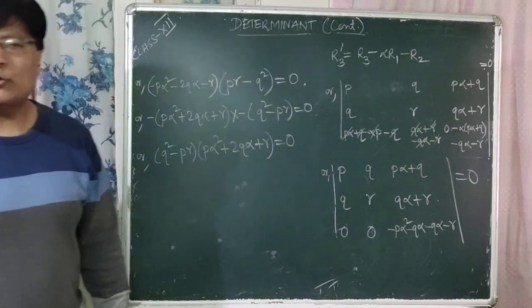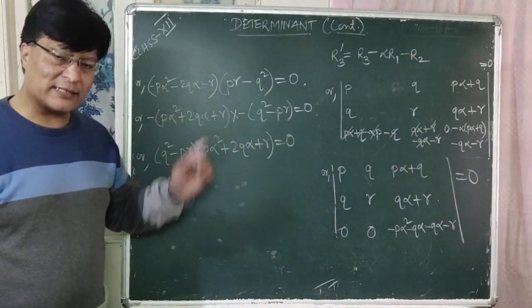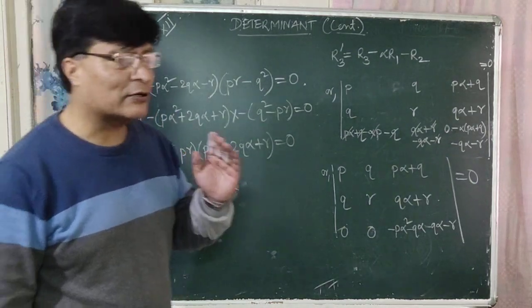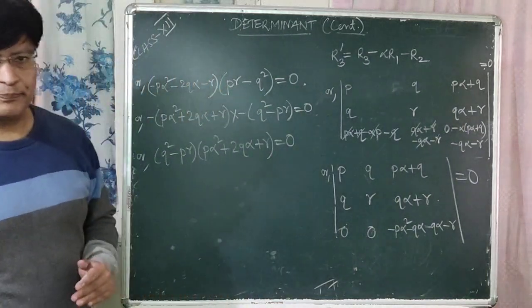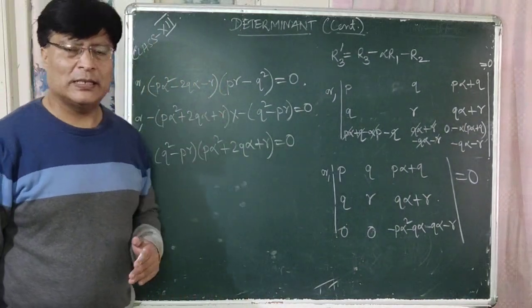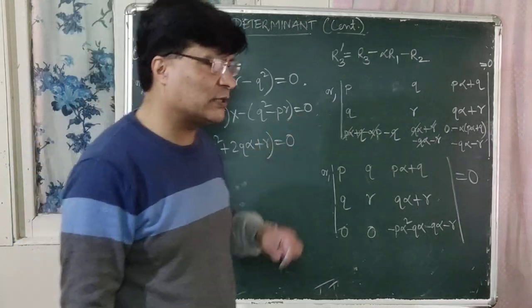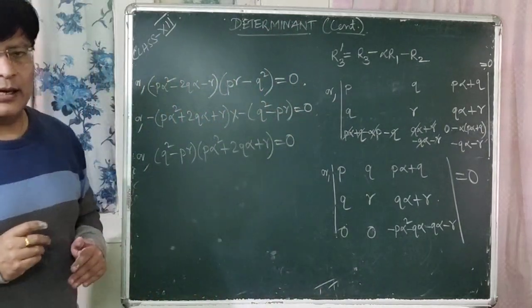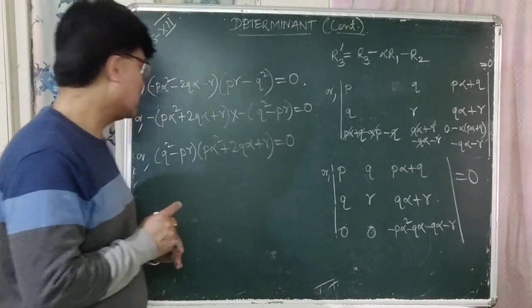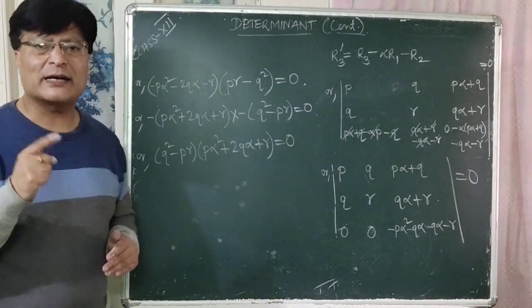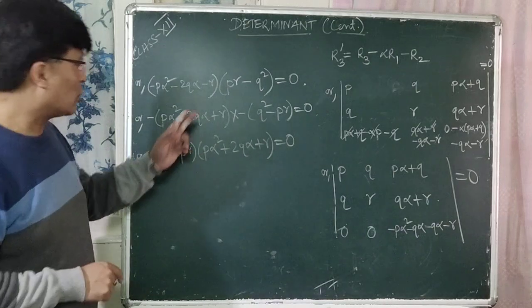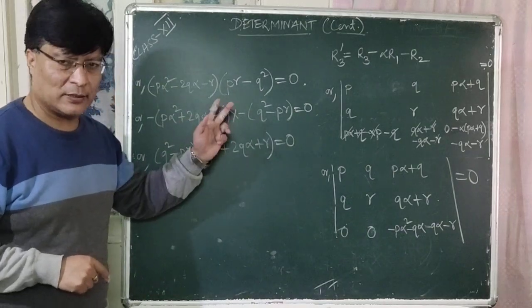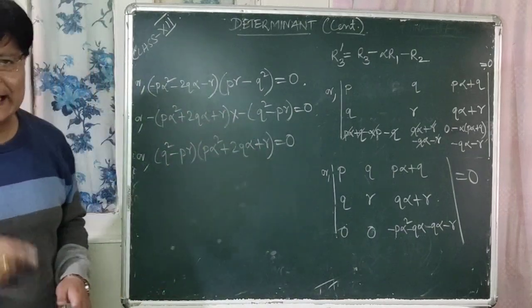So now what was given in the question? It was given that P, Q, R are not in geometric progression. And there we derived some condition and we had marked it as 1. You can check your copy, that was Q square minus PR not equal to 0. So what does this equation indicate?